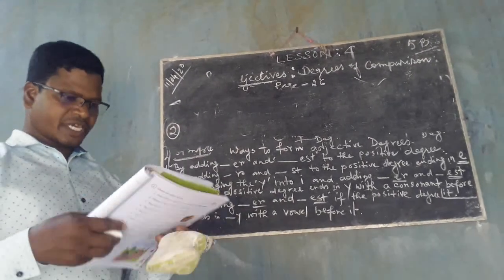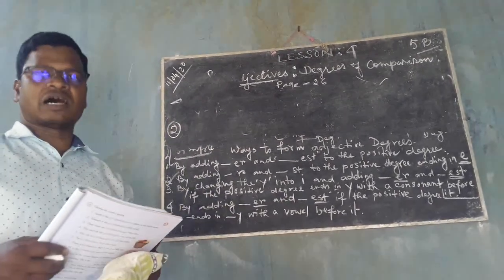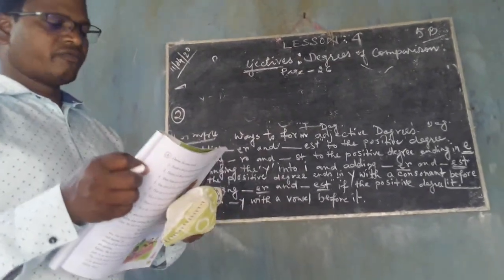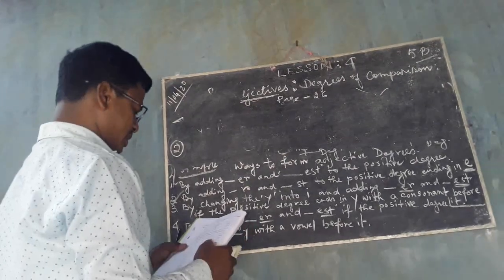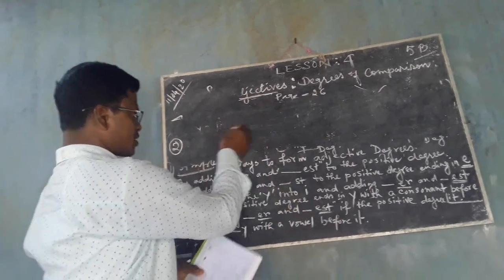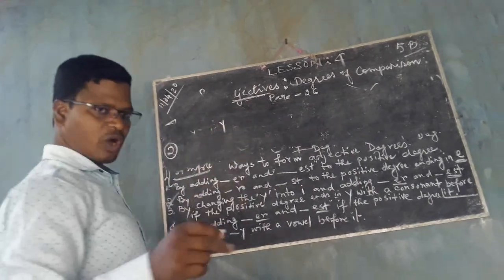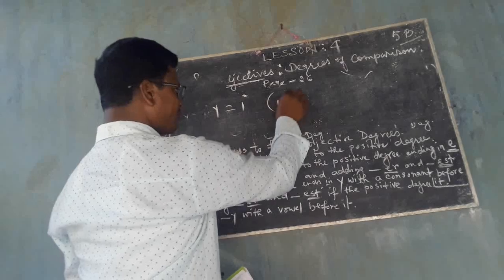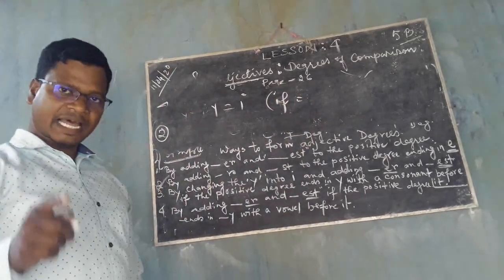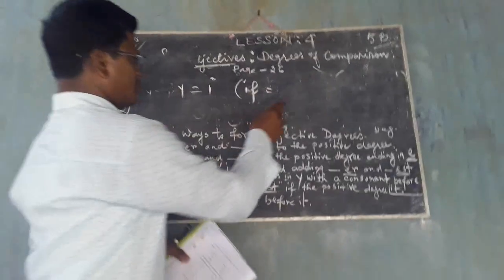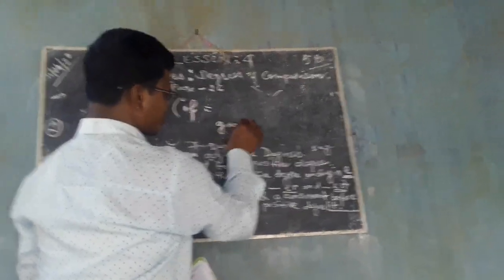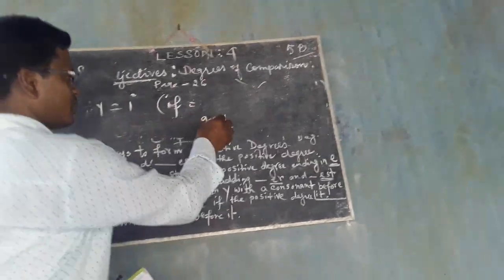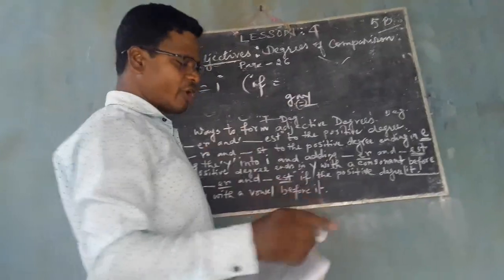Page number 28. By adding er or est if the positive degree ends in y with a vowel before it. So the same thing, but what I have said, if a word ends in y, that will change into i, in case the second last letter is a consonant. Like gay. Look at this word gay. What is the second last letter? A. So a is a vowel.